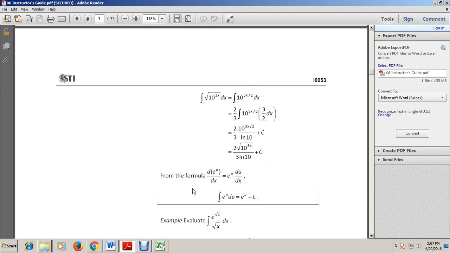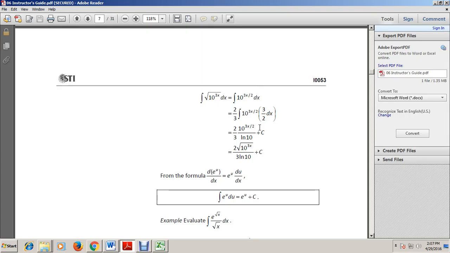So that process appears here as 2/3 times 10 raised to u over ln of 10. What happens here is that the representation of u was replaced by its original value, 3x over 2.